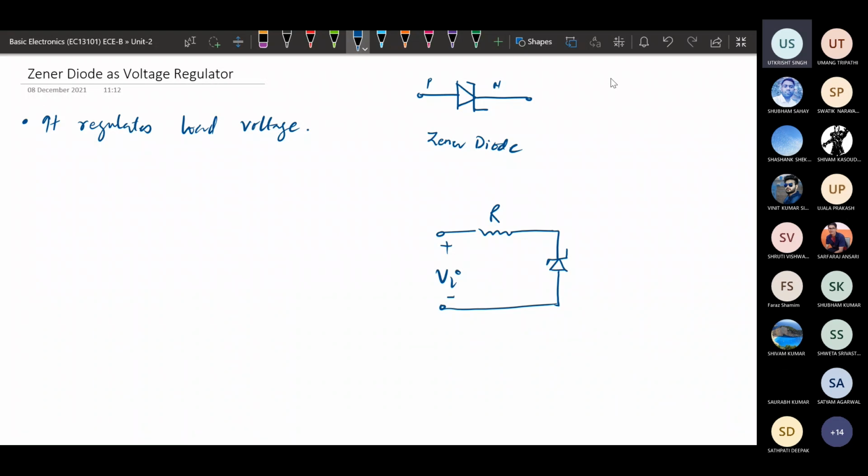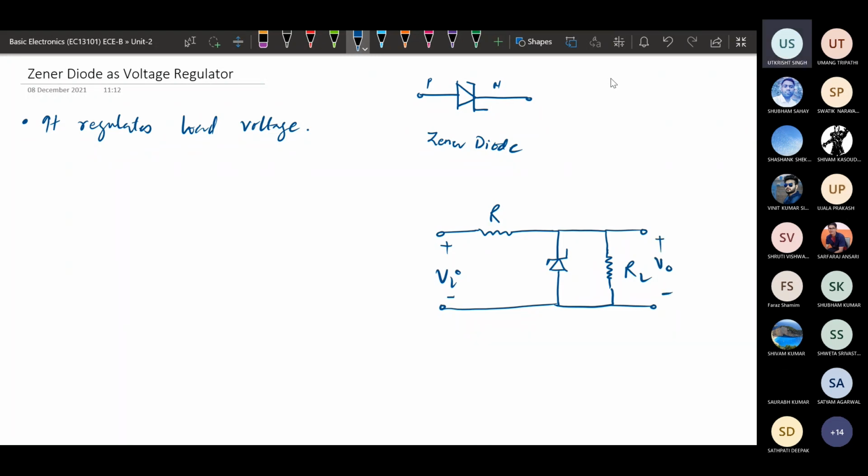So we will be having a resistance in series with this Zener diode, and across this Zener diode, that means parallel to this Zener diode, we will be connecting the load resistance, and the voltage across this load resistor will be your output voltage.